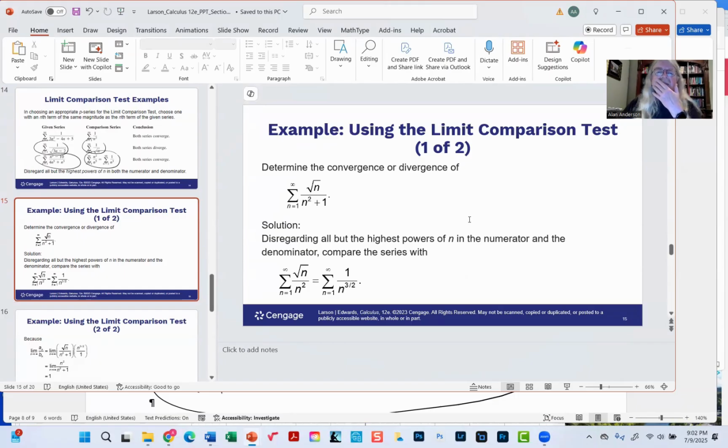Now, this is interesting. It's saying disregarding all but the highest powers. So in other words, I guess what they want us to do is simplify it.